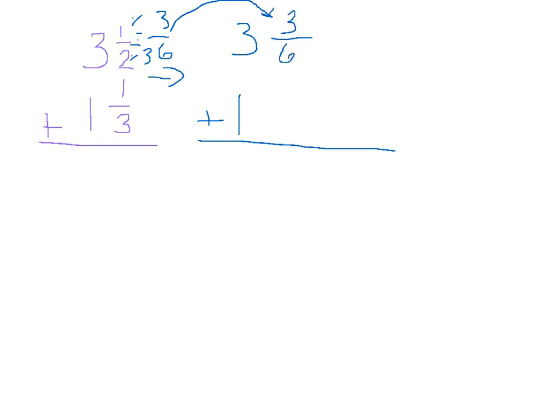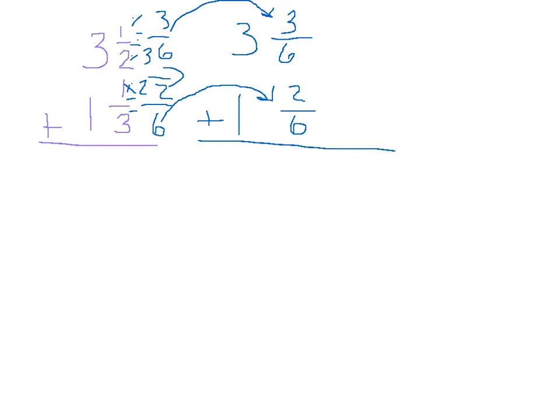It's 3 and 3/6. I'm going to convert this one down here now. Again, I want a denominator of 6. 3 to 6. How did I go from 3 to 6? Well, I multiplied by 2, so I need to do the same right here. Again, sorry, I'm crunched for space. 1 times 2 is 2. So I'm going to slide that fraction over here, 2/6.